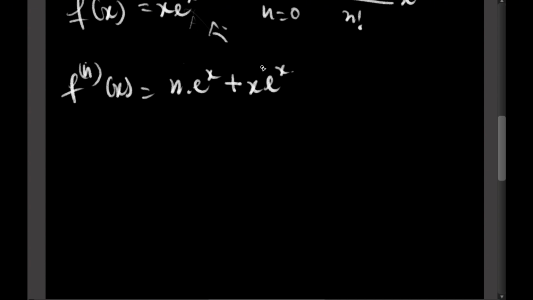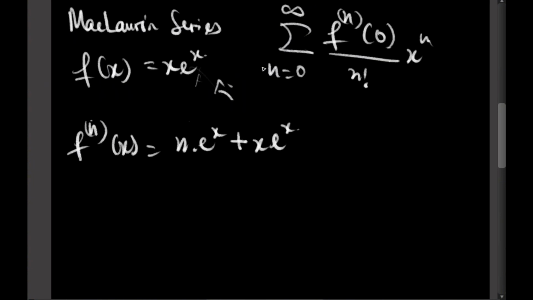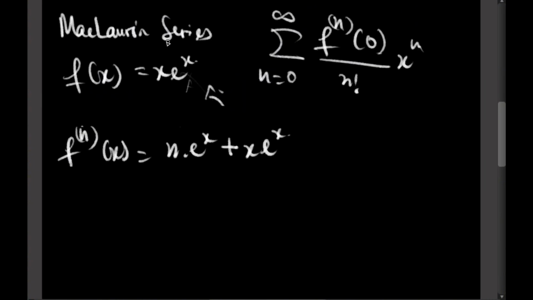It's just that easy. And now we're going to evaluate it at x equal to 0, because you see it's a MacLaurin series, right? So here, x equals 0, then this one, we can cross it out, and e to the power of 0 is going to be 1, so what we have left is n.